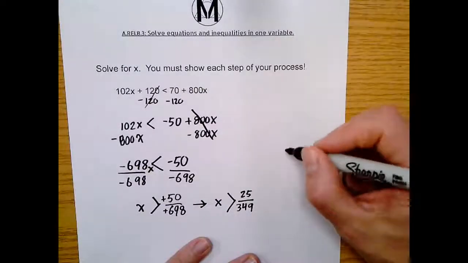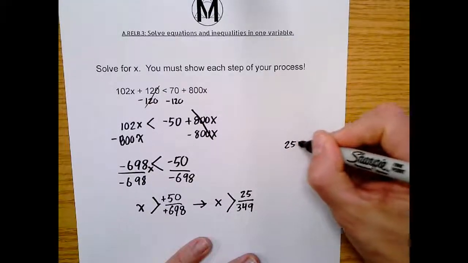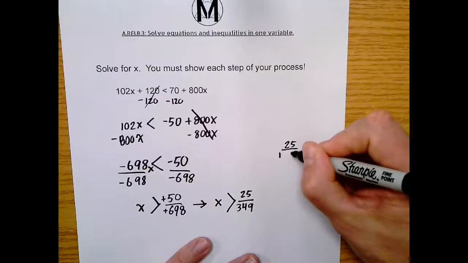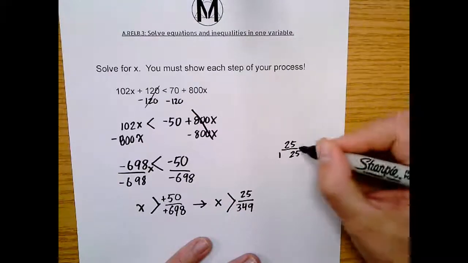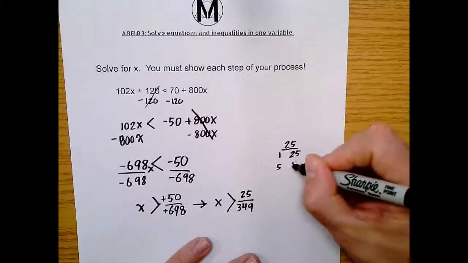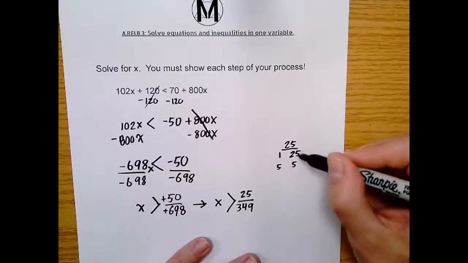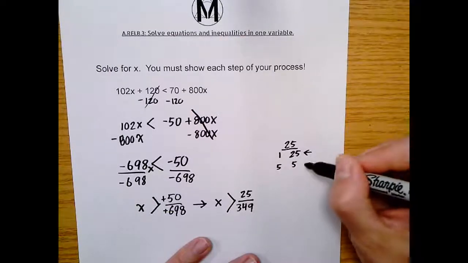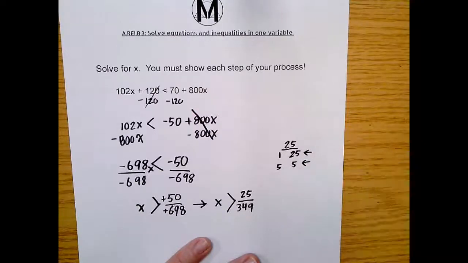What are the factors of 25? We have 1 and 25, 2 doesn't work, 3 doesn't work, 4 doesn't work, and then we have 5 and 5. So in reality, there's only 2 numbers we could check. It's 5 and 25, okay?